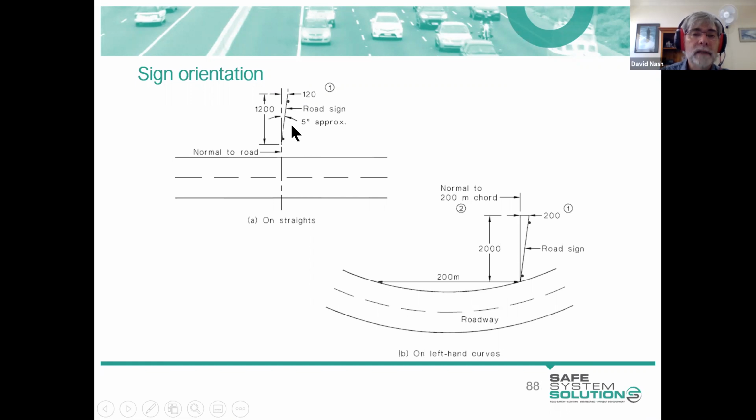And the reason for that is because the retroreflective properties of the sign are good and will still work if you're 5 or 10 degrees away from being straight on to the driver. But there's also mirror reflection that can occur off the sign face, just because it happens to be a shiny surface. So to avoid the mirror reflection, the recommendation is to just angle them slightly away from perpendicular to the road.